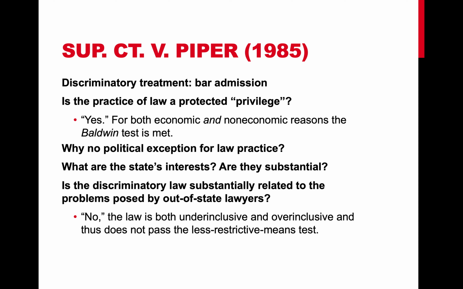So Justice Rehnquist's point is we already recognize that the states have reasons for treating out-of-staters differently, but maybe those could all be justified in some other way. It's not really a differential treatment with respect to out-of-staters. It's differential treatment with respect to who has taken and passed this particular examination.